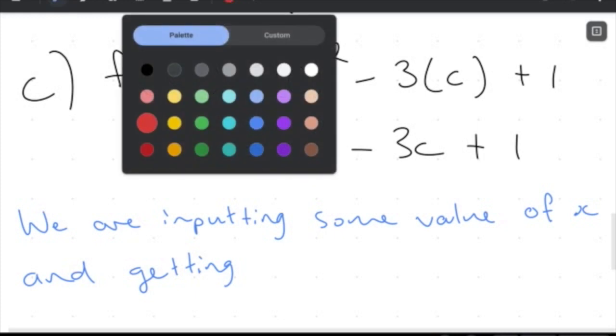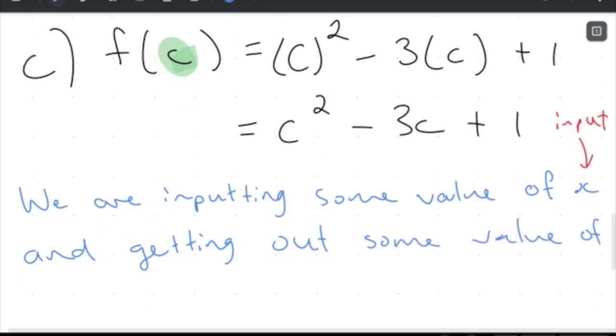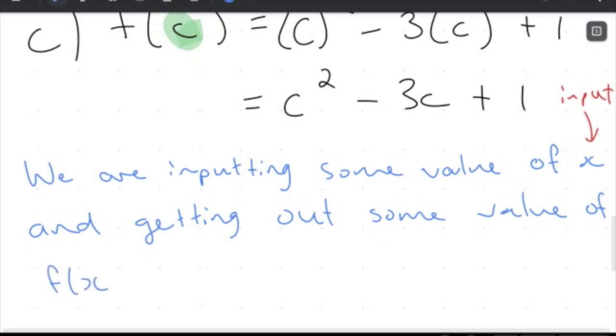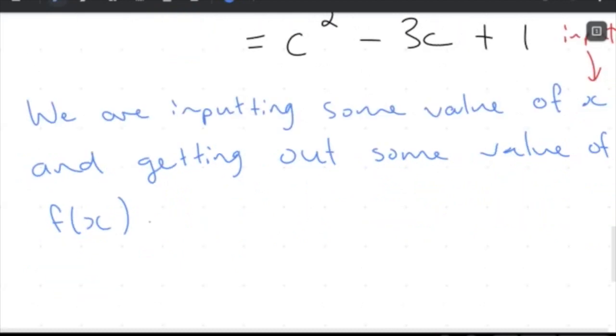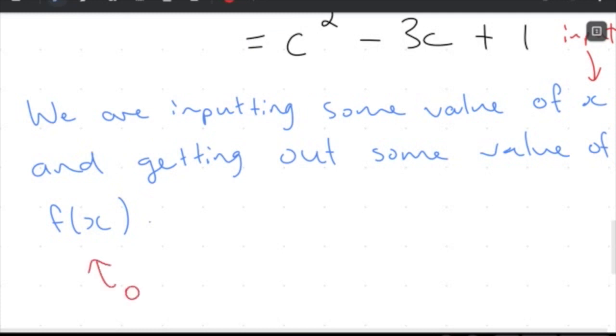Let's just make a note. The value of x here is my input. I'm putting something in, and we are getting out some value of f of x, where this f of x is my output.